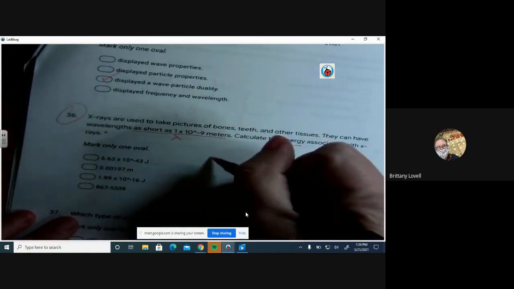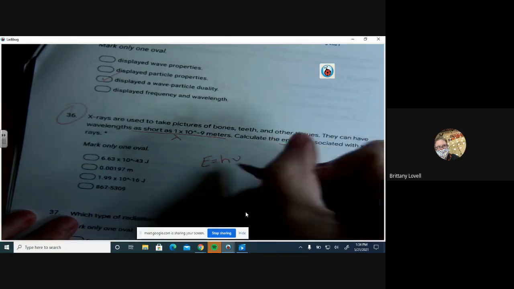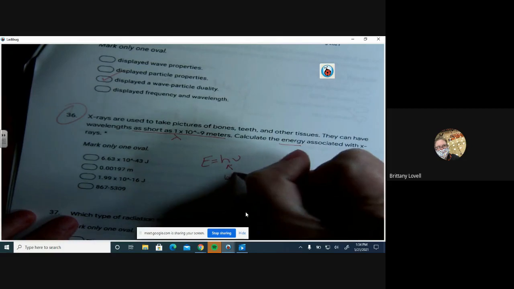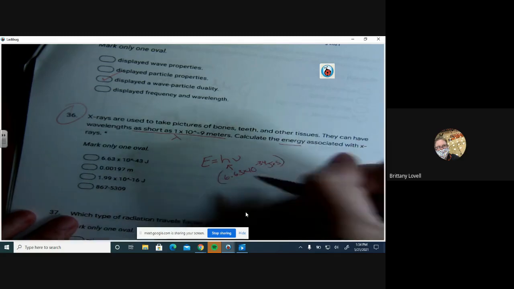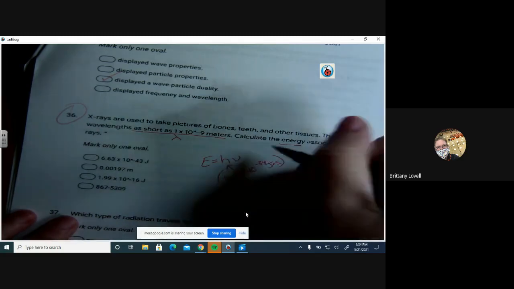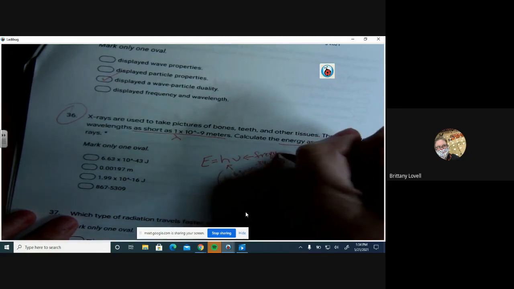Okay. If you think back, we had a couple of formulas for energy. We had this one, energy is equal to h times v, where h is Planck's constant, which is 6.63 times 10 to the negative 34th joule seconds, and v is frequency, which is measured in cycles per second.